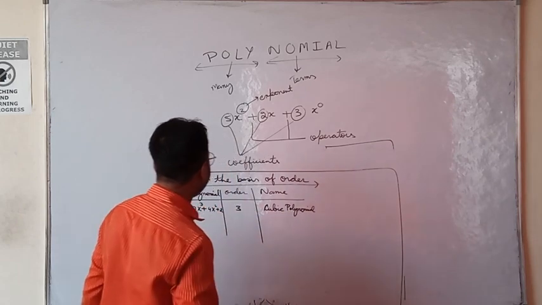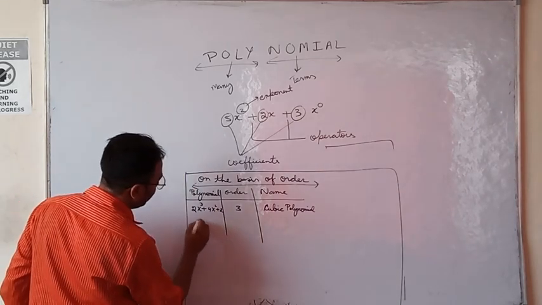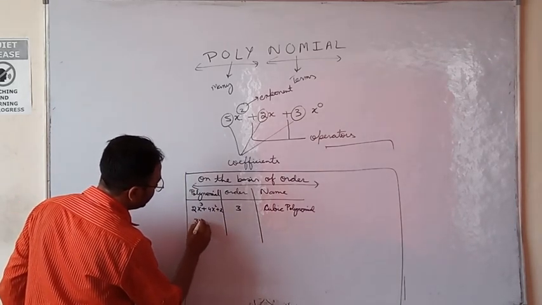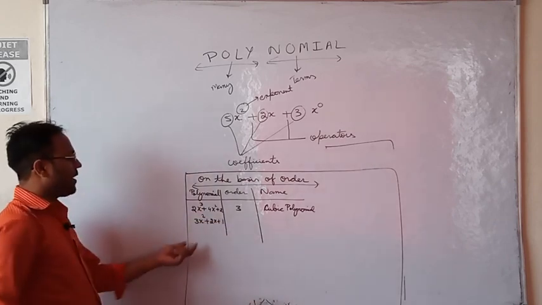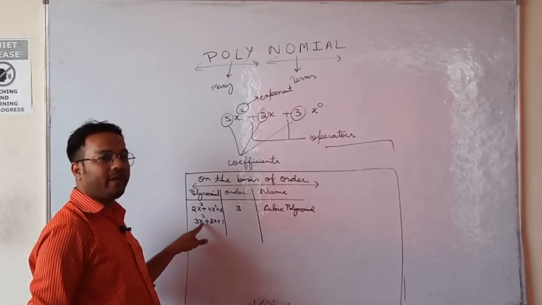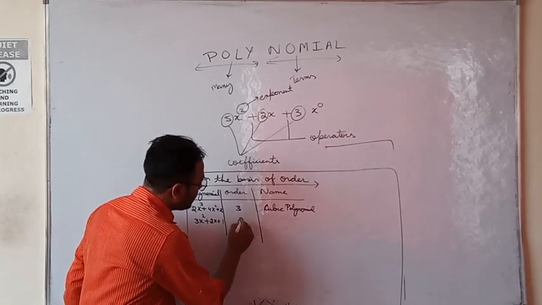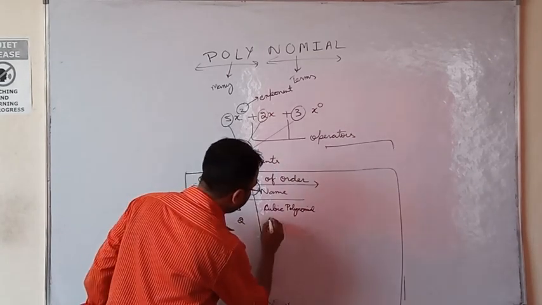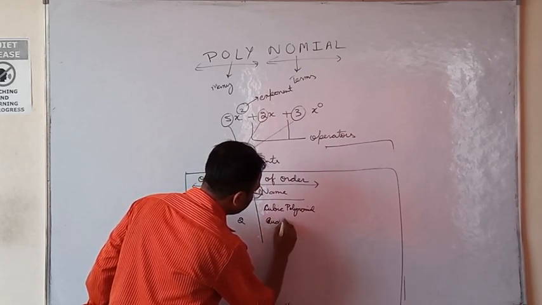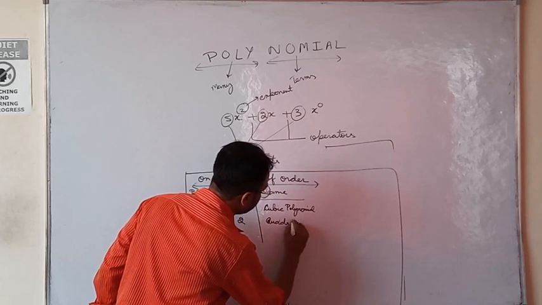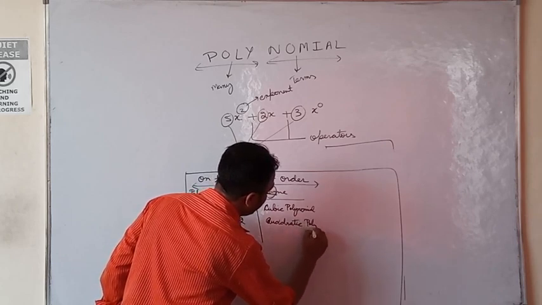Now, another example like 3x square plus 2x plus 1. Here the maximum power of the variable is 2. So the order will be 2, and the name of the polynomial is quadratic polynomial.